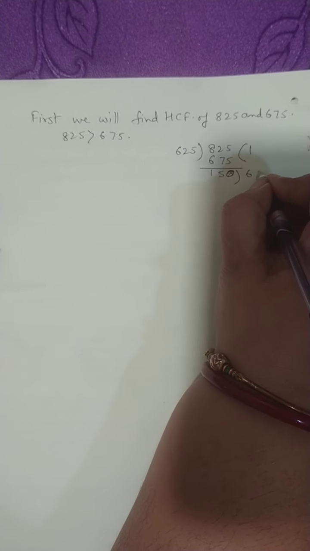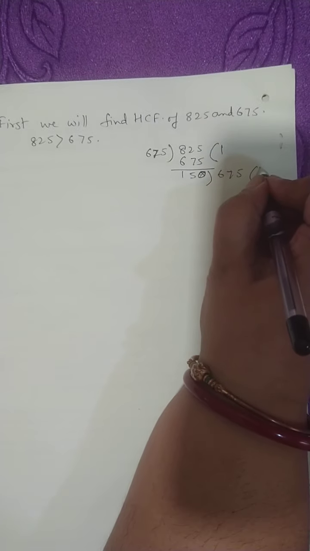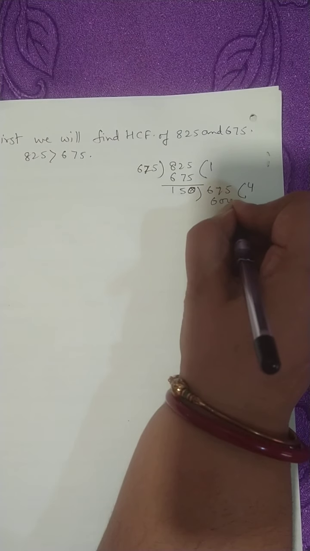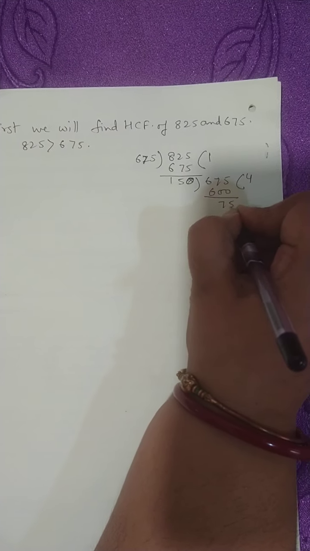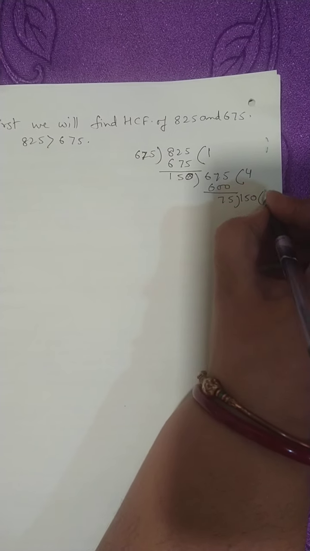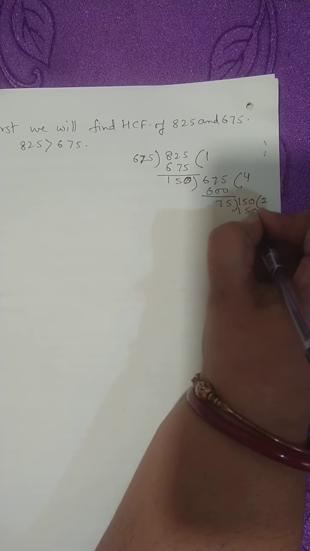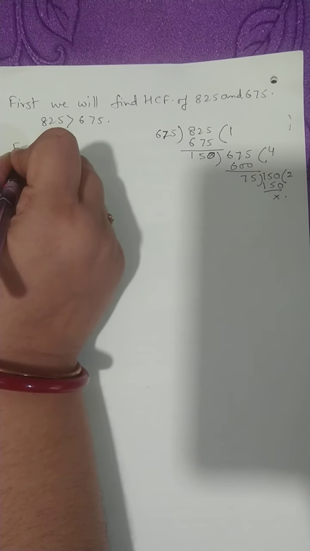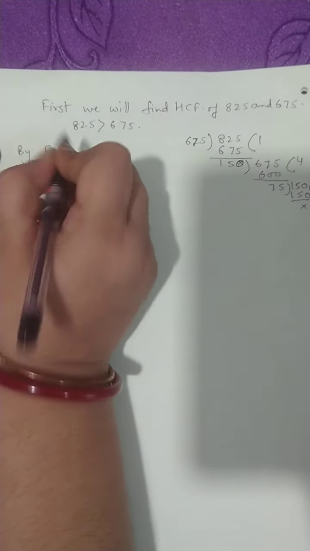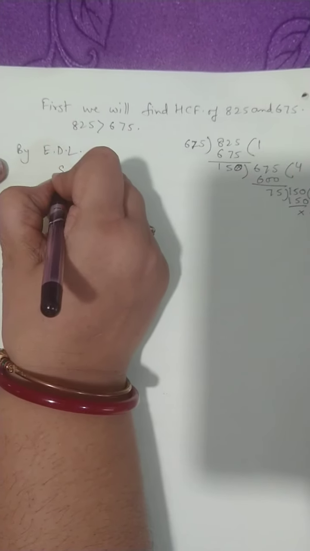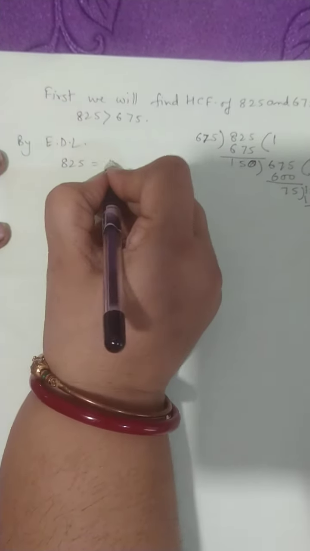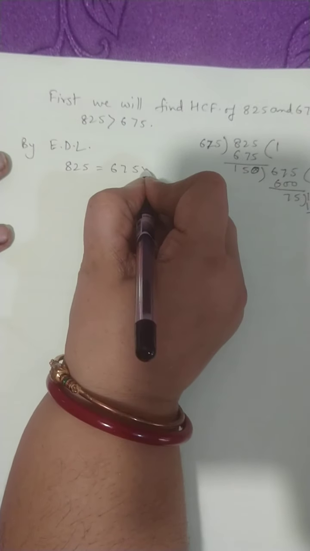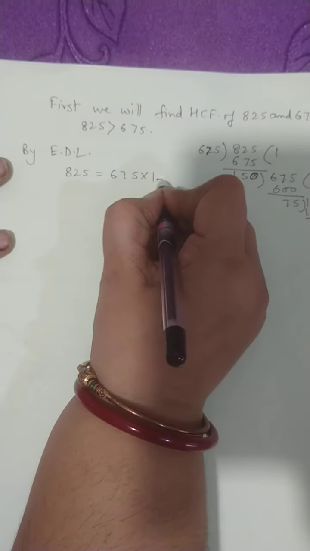Now by Euclid's division lemma, 825 equals 675 into 1 plus 150.